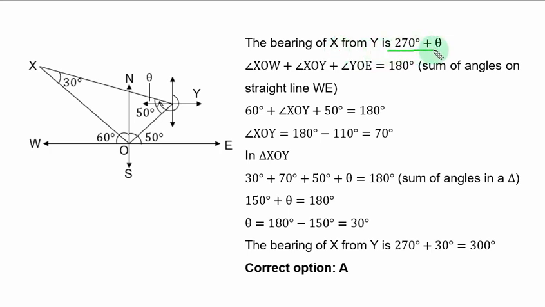270 degrees plus theta. So from what I explained earlier, if you add all the angles in the triangle, the sum is 180 degrees. Before then, this angle is needed. Sum of angles on a straight line, that is what you have here.